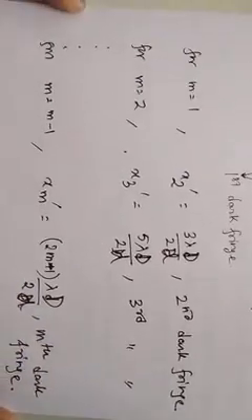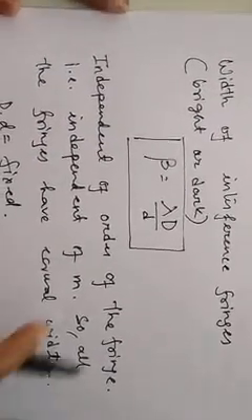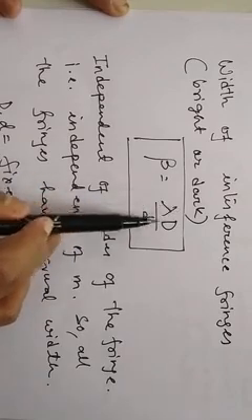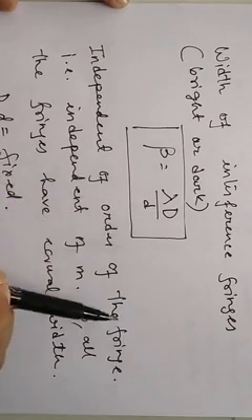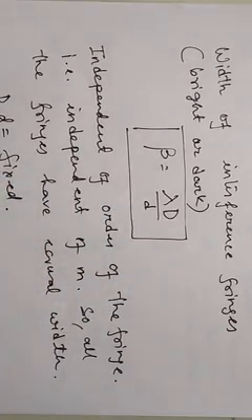So the fringe width is given by beta equals lambda D by d, with capital D over small d. So if we know the wavelength of the monochromatic source, the separation between the slits and the screen, and the slit separation small d, we can find the fringe width of any interference pattern.